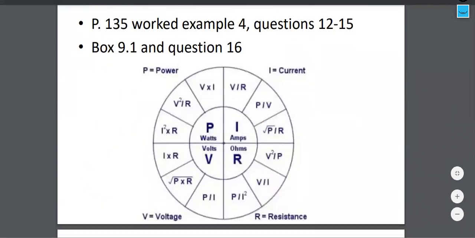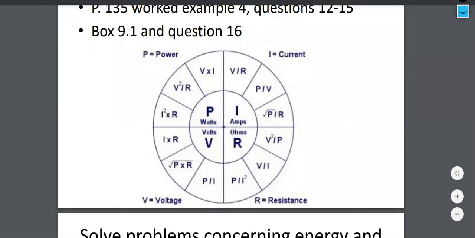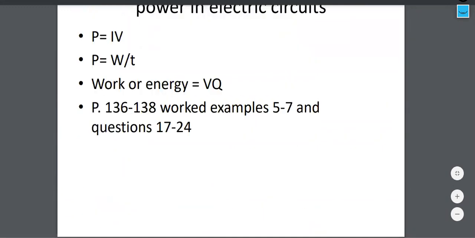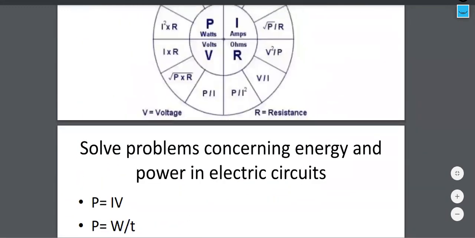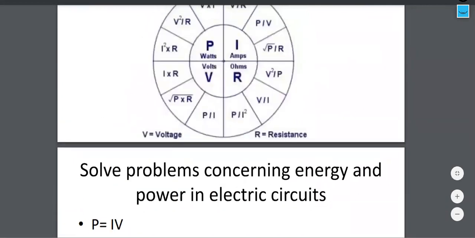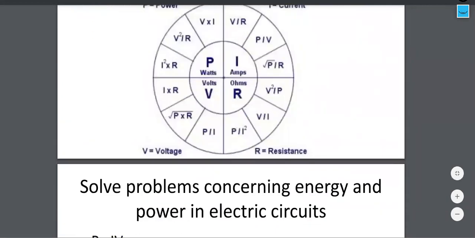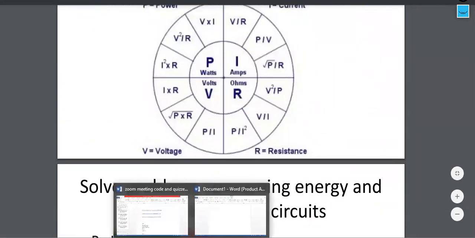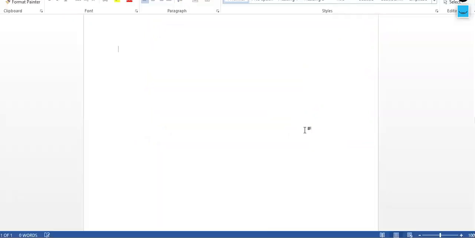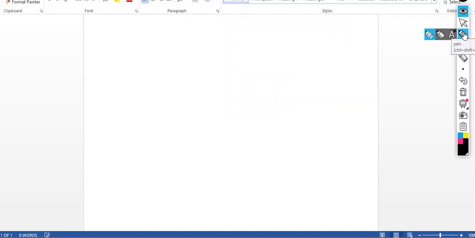All right, here's a way that you could relate these variables to each other and to power. Energy and power in electric circuits. Let's jump over here one more time, and I want to show you this one now.